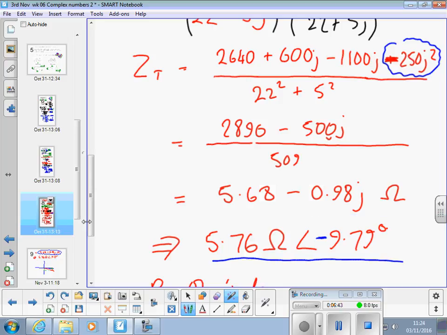That's that converted to polar. So we've got a negative angle impedance, which we would expect from a circuit with just a capacitor in it. If we had just an inductor, we'd get a positive angle. If we had both, we could get either.